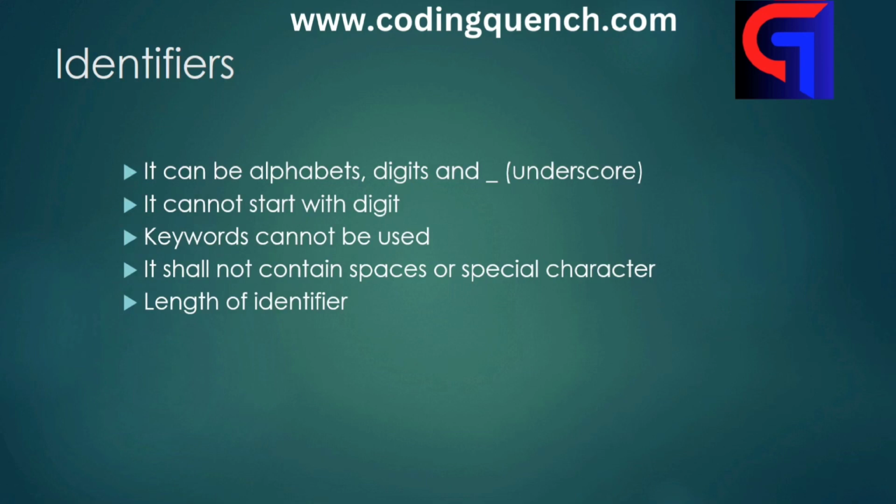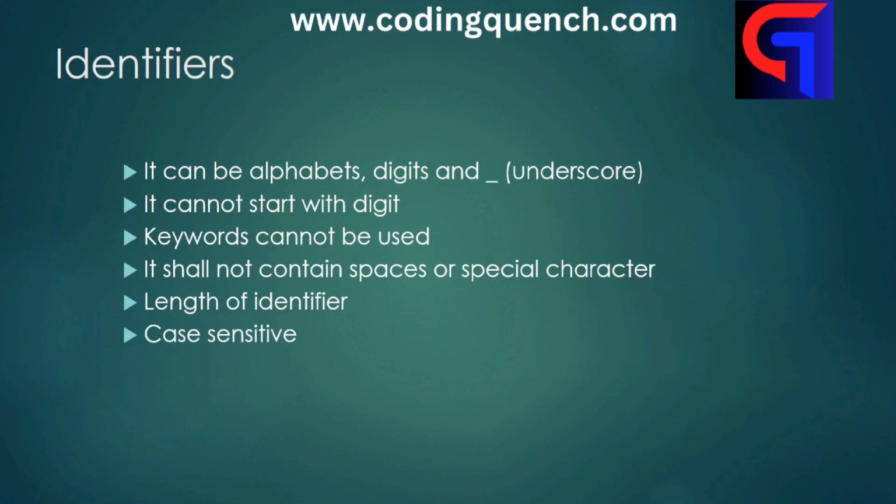Length of identifier cannot be more than 31 characters. You can use up to 31 characters. Case sensitive. C is always case sensitive. Not only C, Java, Python, all languages are case sensitive.